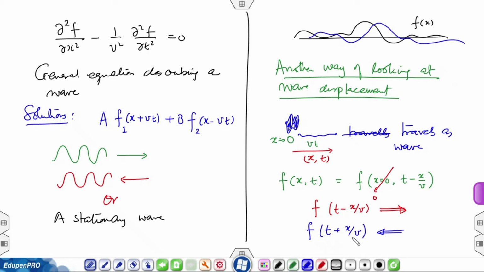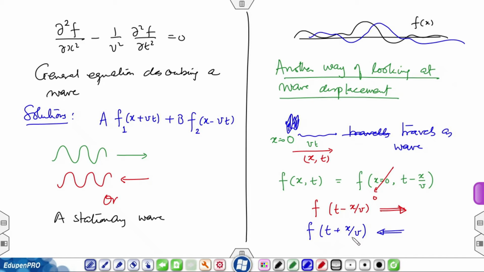This also describes the same wave, one traveling to the left or one traveling to the right. The functional form is also the same, except that I have divided the whole argument by v and switched t and x by a minus sign. I will leave it for you to show that the equations come out to be the same. So, this is another way of looking at it. Depending on what situation you are talking about, one way or the other of looking at these waves could be more useful.